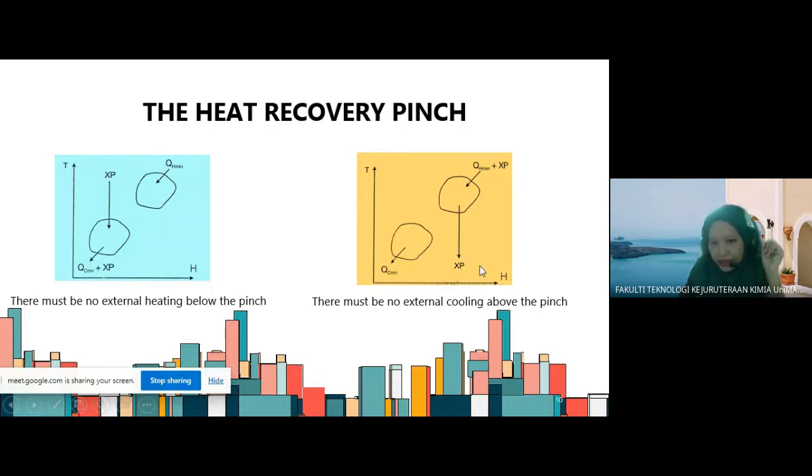If you supply external cooling utilities, there must be an increase in the amount of hot utilities with the same amount, for example XP here. That's why for maximum energy recovery, you must not have both external heating below the pinch and external cooling above the pinch. Clear?